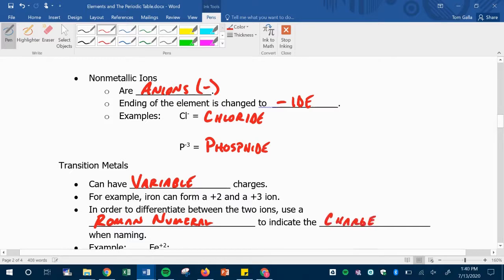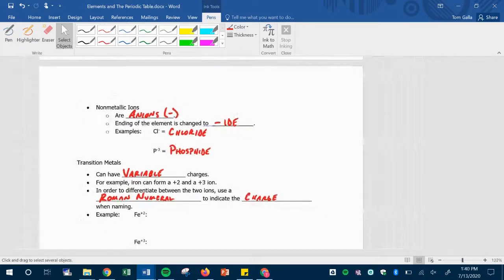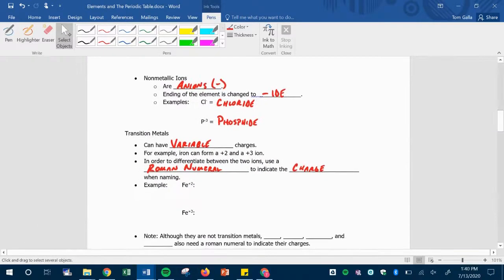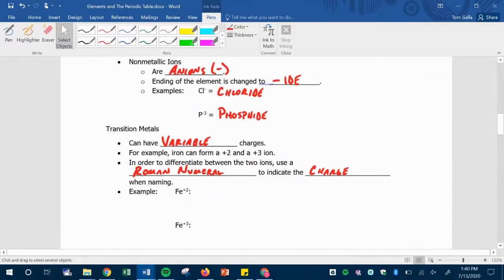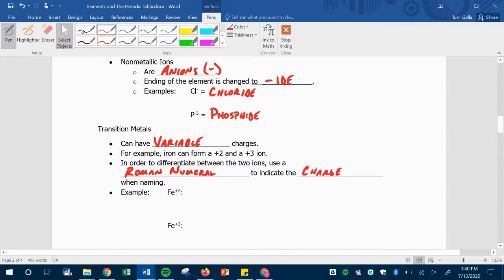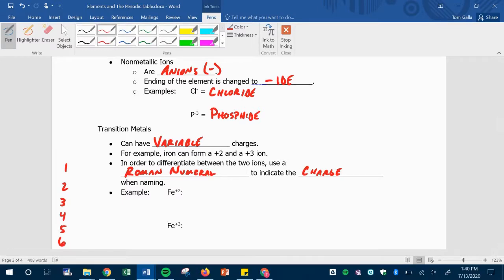In case you don't remember your Roman numerals, just a quick review. If we put our numbers here, 1, 2, 3, 4, 5, and 6. For what it's worth, that's all you should need to know, just because most elements can't form even a 5 or a 6 charge.